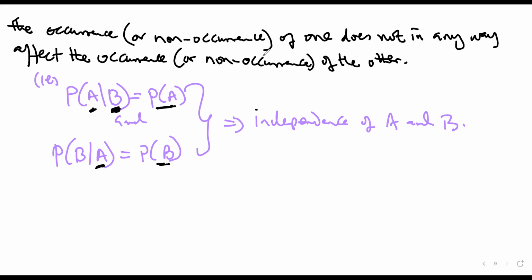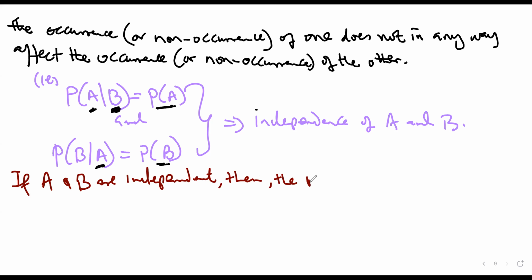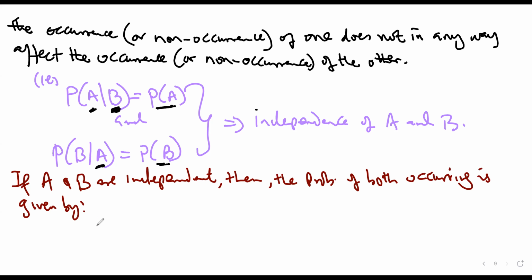Okay. Then we can say that if A and B are independent, if these two events are independent, then the probability of both occurring is given by the probability of A, B. That's how you write it.